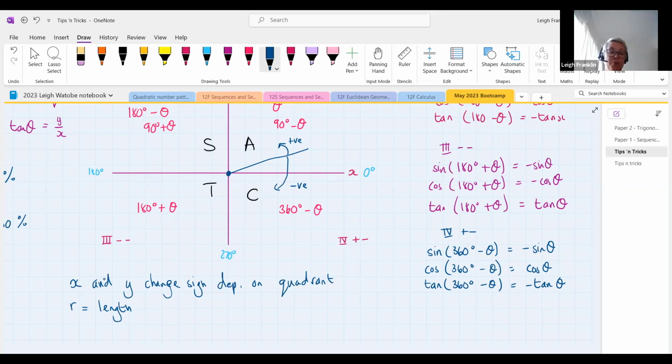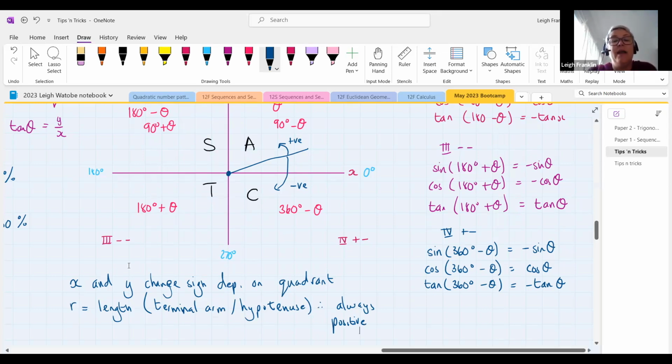It's the length of the terminal arm, or you could also view it as the length of the hypotenuse. So therefore it is always positive. Okay, so r is always positive because it is the length of the terminal arm.